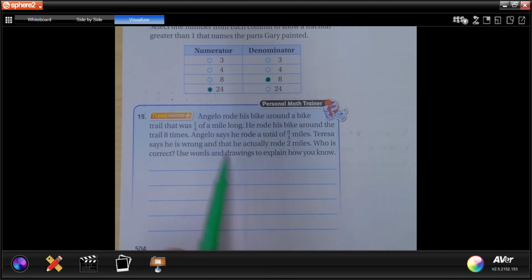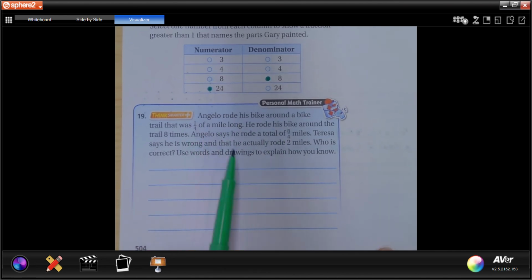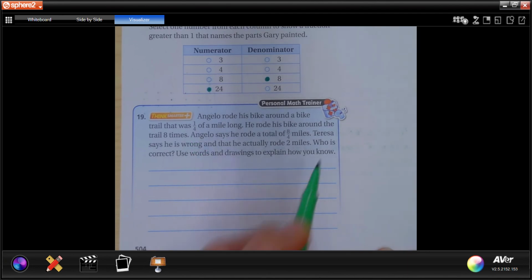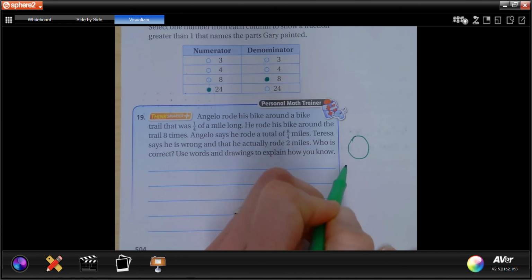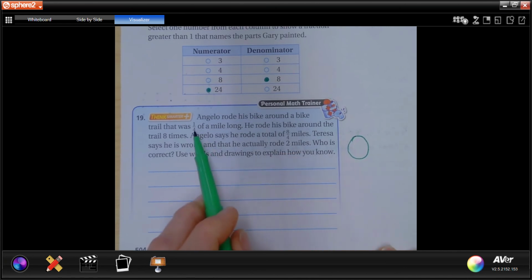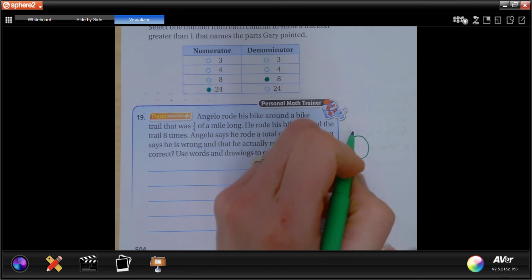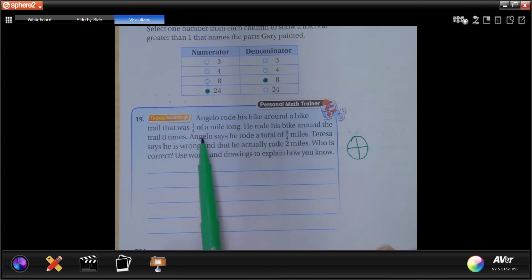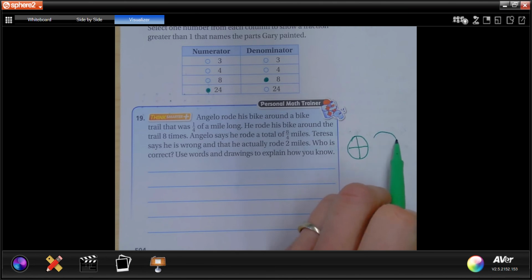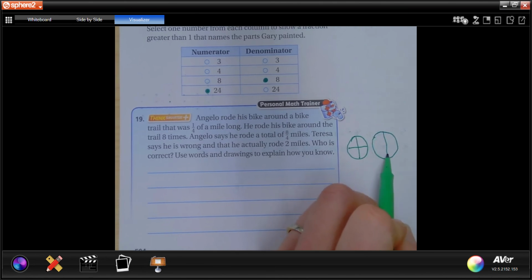Okay, so we know there are how many in our whole? There are 4. So if he went around the trail and it is 4 equal laps, we're going to divide this into 4 equal parts. Well, he said that is 1 mile, and he said that he went around 8 times. So if this is 1, 2, 3, 4 times, we need to make another to make 8 times.